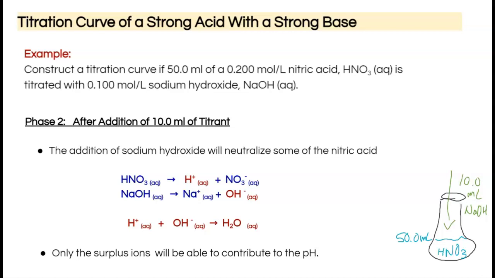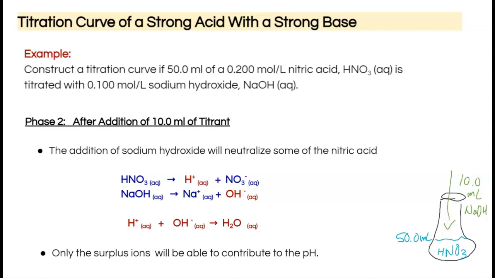So let's examine what we need to think about in this. We know that acids and bases react in neutralization reactions. When I add a little bit of the base to the nitric acid, I can see that they're in a 1-to-1 ratio, right? And so any hydrogen ions that get produced are going to get neutralized by the hydroxide ions.